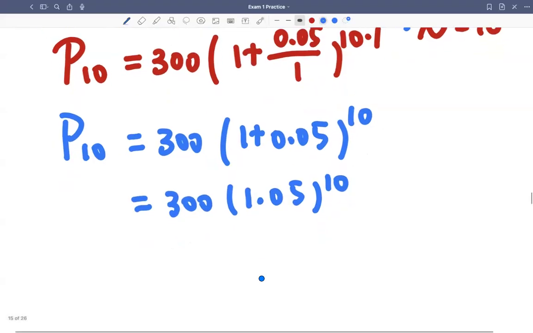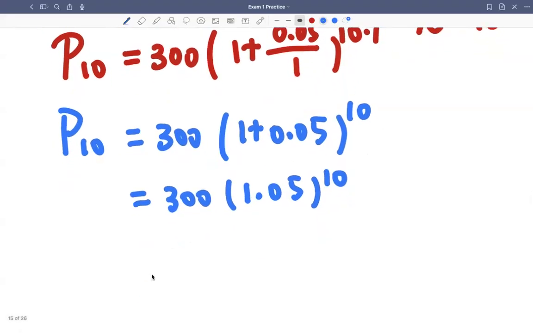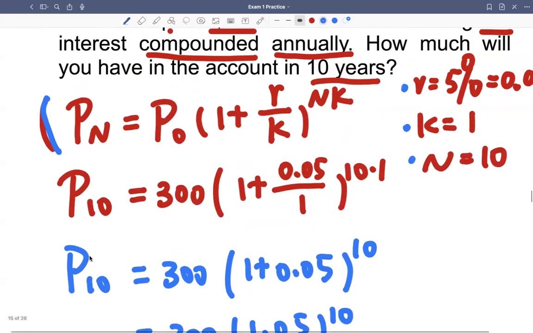So let's write this. So we get $488.67, right? So this is the amount of money after 10 years.